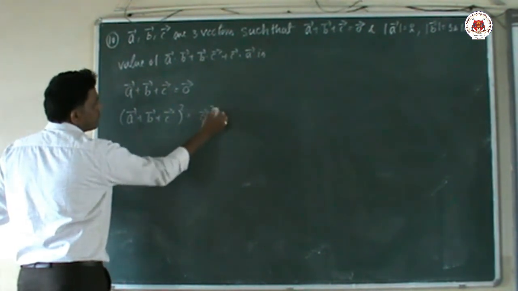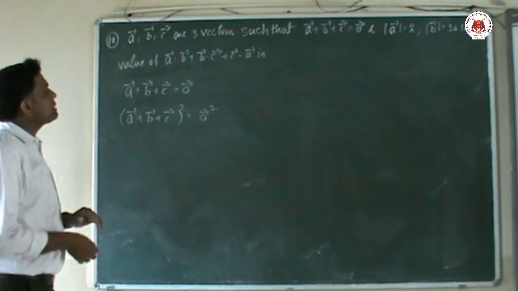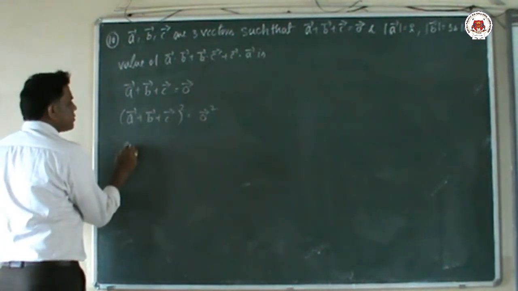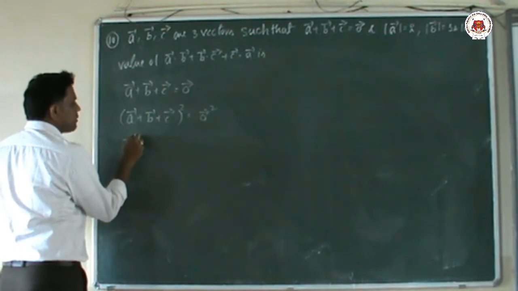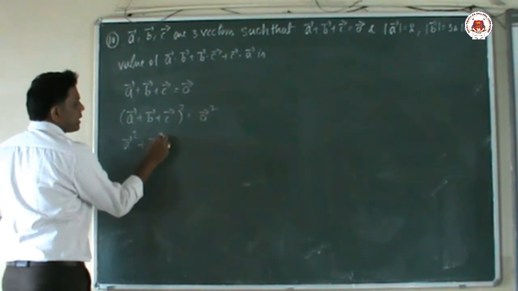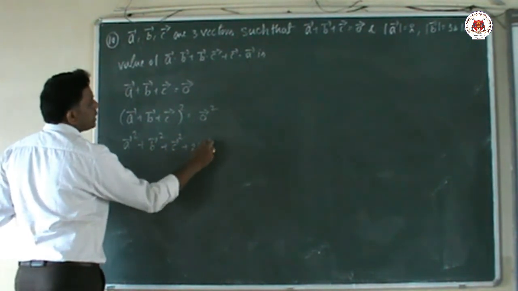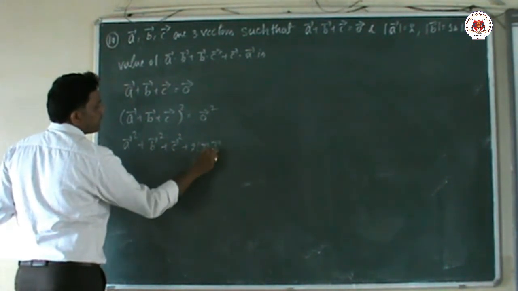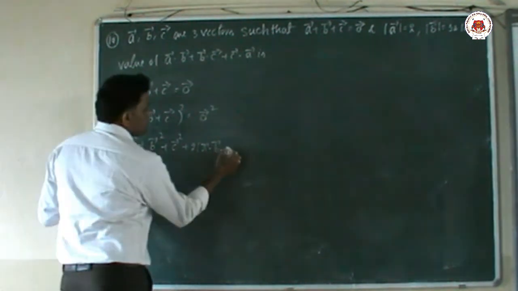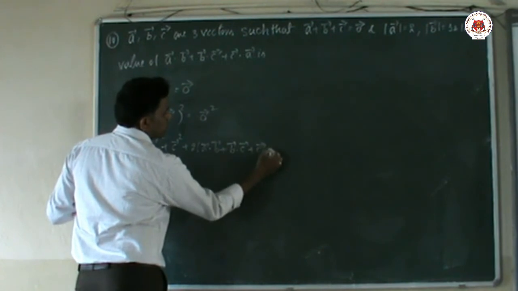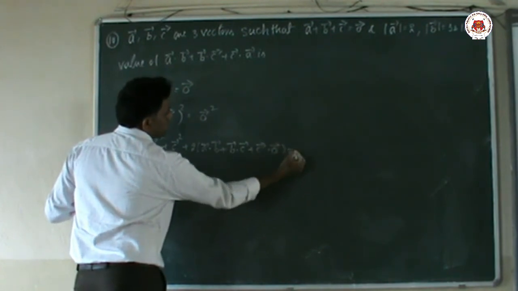Vector A plus vector B plus vector C whole square is equal to the 0 vector. We know the A plus B plus C whole square formula: A square plus vector B square plus vector C square plus 2 into vector A into vector B, 2AB plus 2BC plus 2CA.